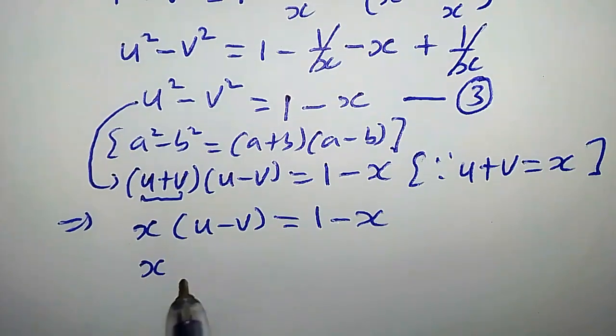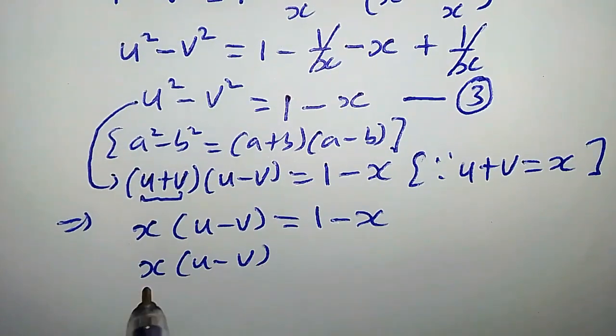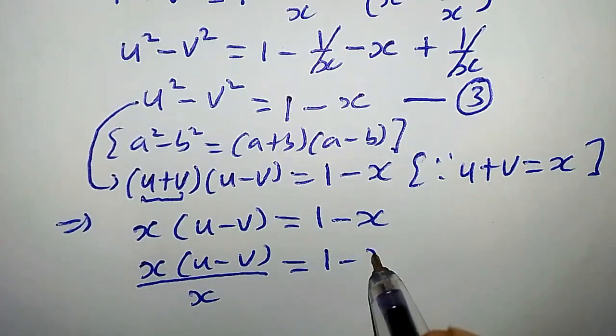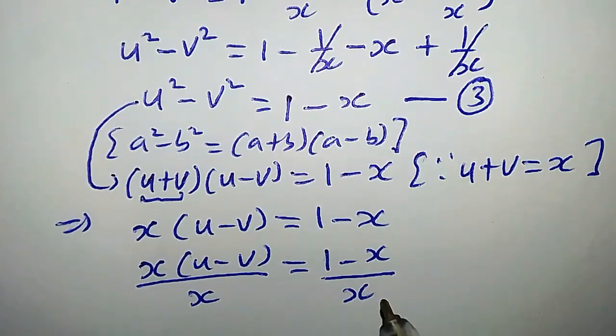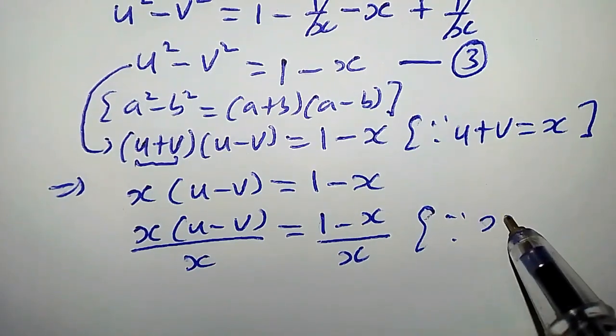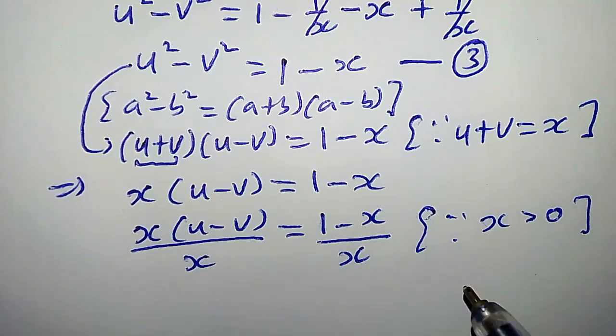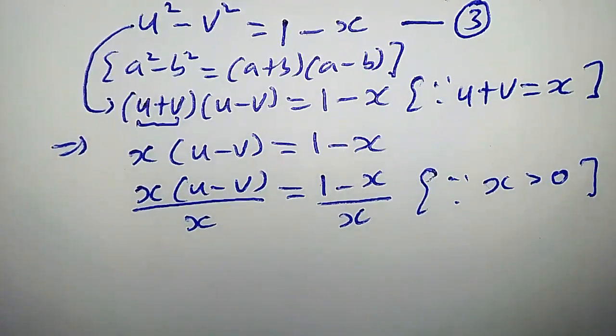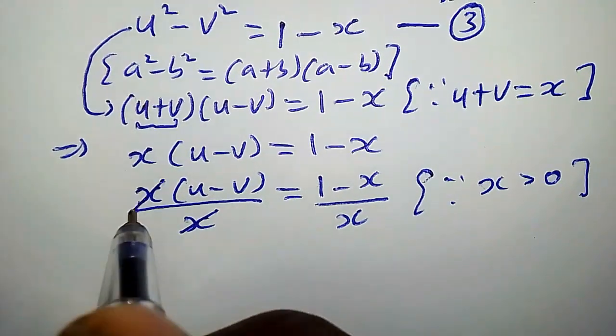So that will be x times u minus v divided by x equal to 1 minus x divided by x. Since x is greater than 0, that was why we were able to divide both sides by x. So let's continue. Clearly, x cancels out x.